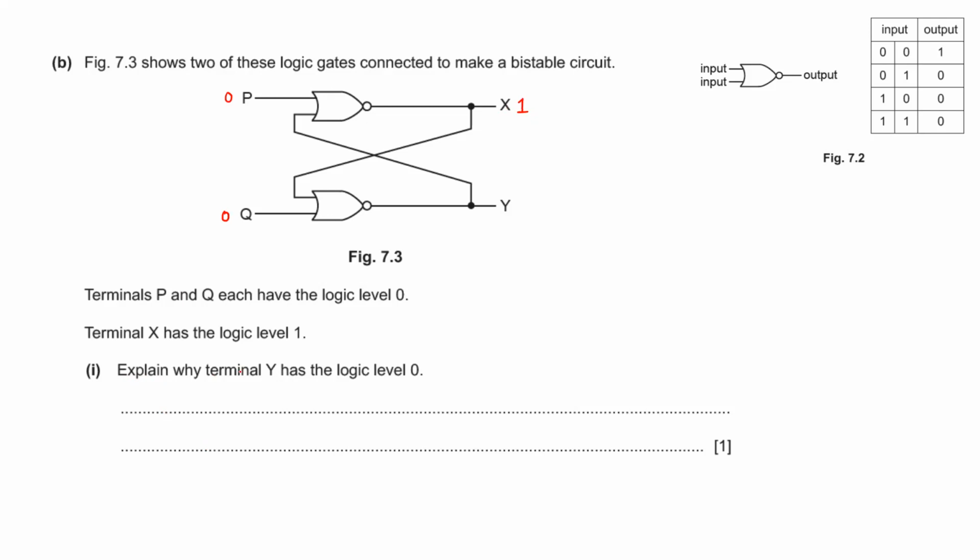Question 1 says explain why terminal Y has a logic level 0. So why do we have a 0 here?